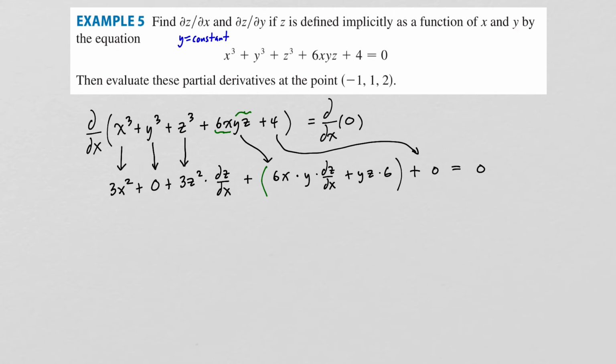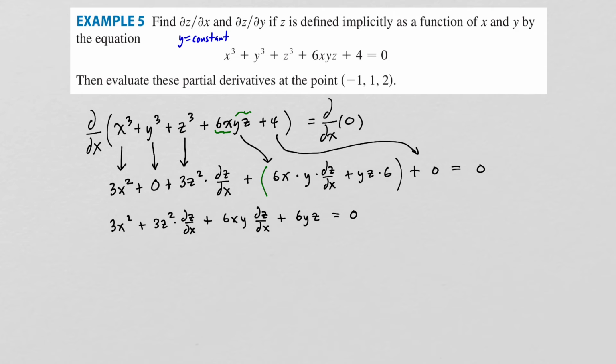Now let's clean it up. We have 3x squared plus 3z squared times partial z partial x plus 6xy partial z partial x plus 6yz is equal to 0.